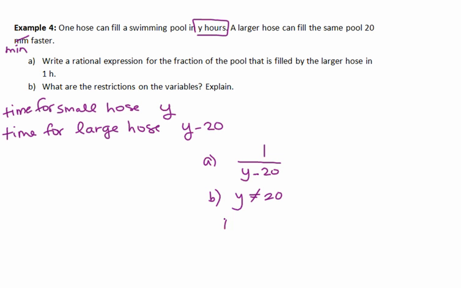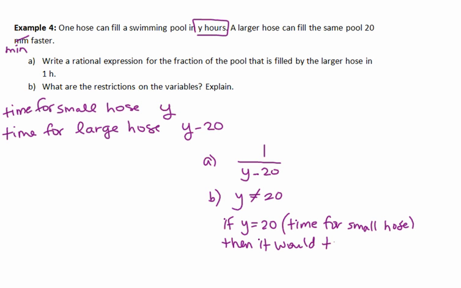So if y was 20, that's the time for the small hose, then it would take 0 minutes to fill with the large hose.